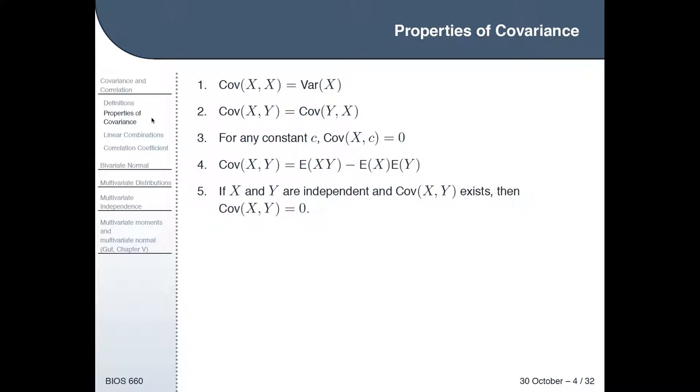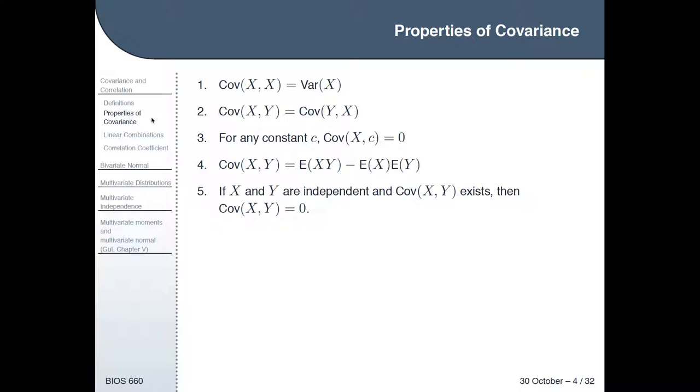And if x and y are independent and the covariance exists, then the covariance of x and y is always equal to 0. The covariance can fail to exist. Well, the obvious example is if the expected value doesn't exist.